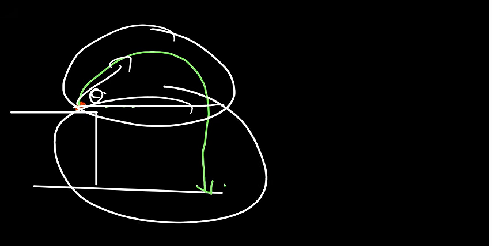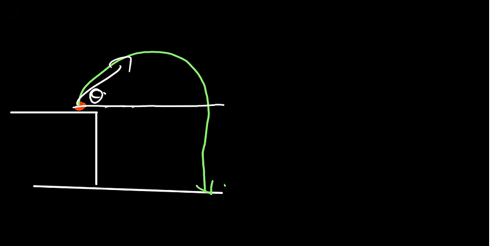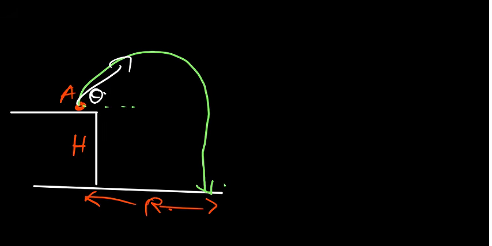So the third trajectory is a combination of the first trajectory and the second trajectory. But here are the simple principles which you have to know. We are going to have the height of the building. This h you are going to be given always, guys. So here the horizontal distance is the range still. Now let's call this point A, point B, point C. The first question which you have to ask yourself is how high it was from this point all the way down here.